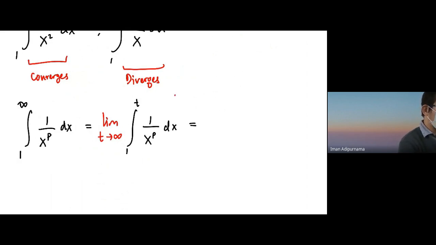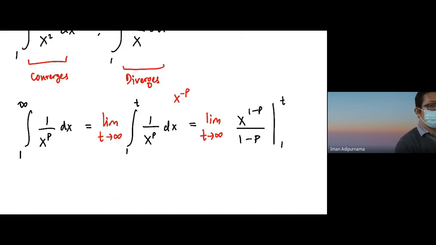x to the power of p is the same as x to the minus p, and we can have the integral become x to the 1 minus p over 1 minus p, from 1 to t. We can factor out the 1 over 1 minus p because that is a constant.